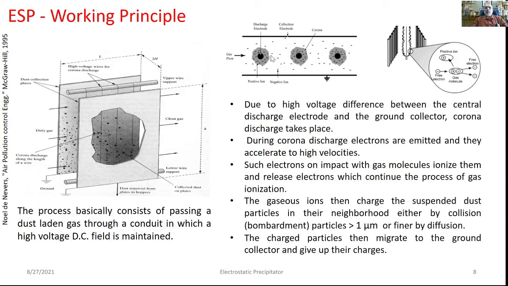As these electrons keep moving towards the plate, which is grounded and neutral in nature, they encounter various gas molecules, and ionization takes place to such an extent that it experiences that electrical field.